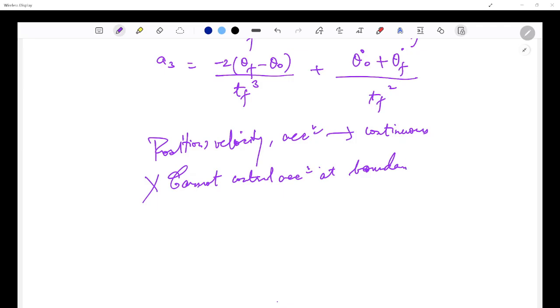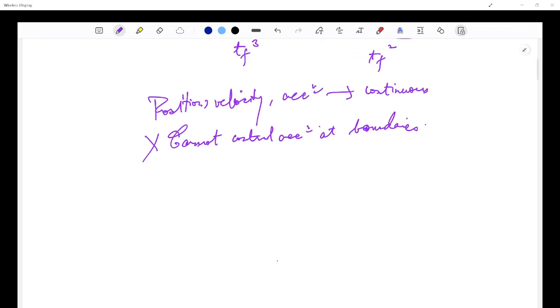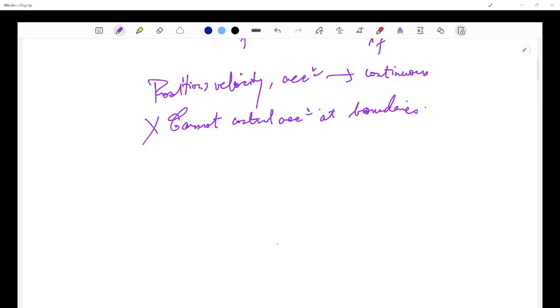So if, for example, I give you a numerical problem and ask you to do it, you'll be able to do it now, right? Okay. So let's talk about if we have via points.